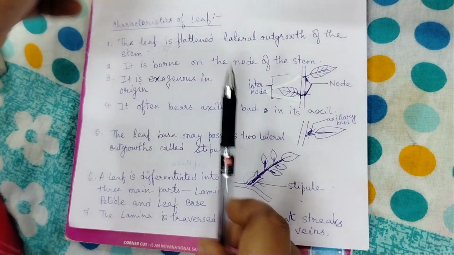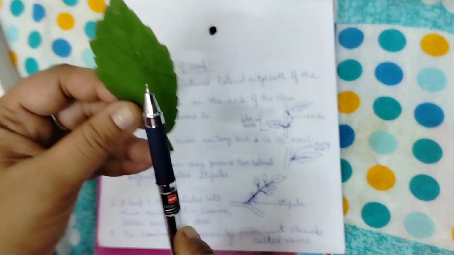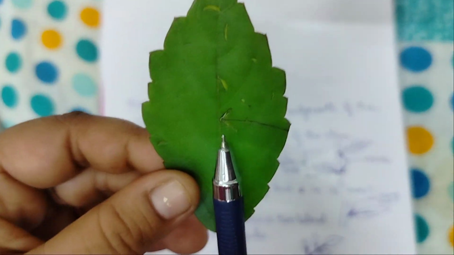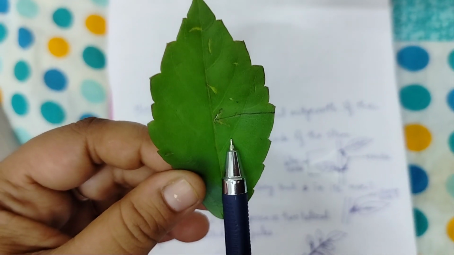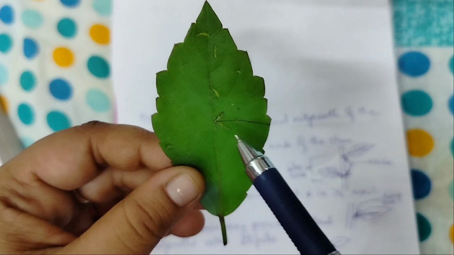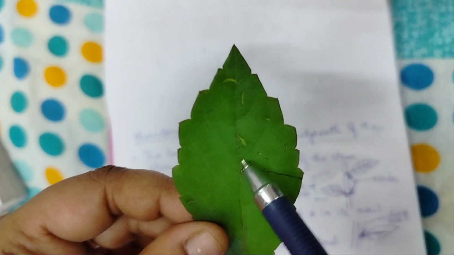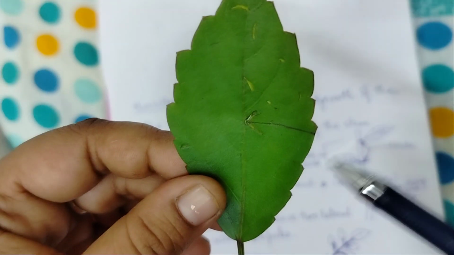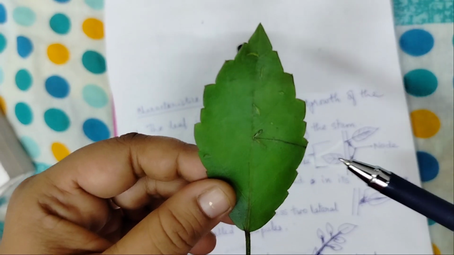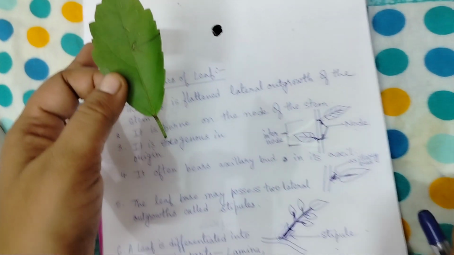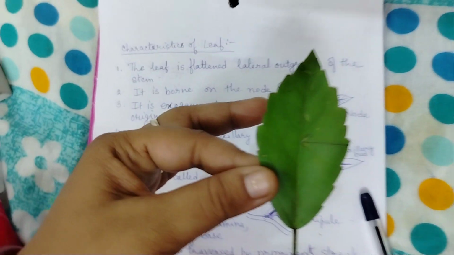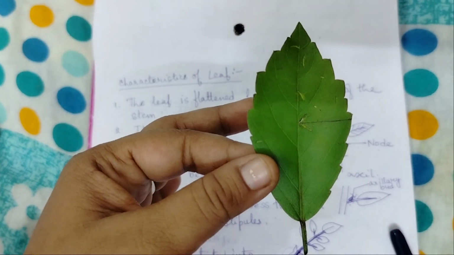So this is the midrib, again further divided into, all of you see, these veins, again divided into small venules. So these are all about the structure of a typical leaf.